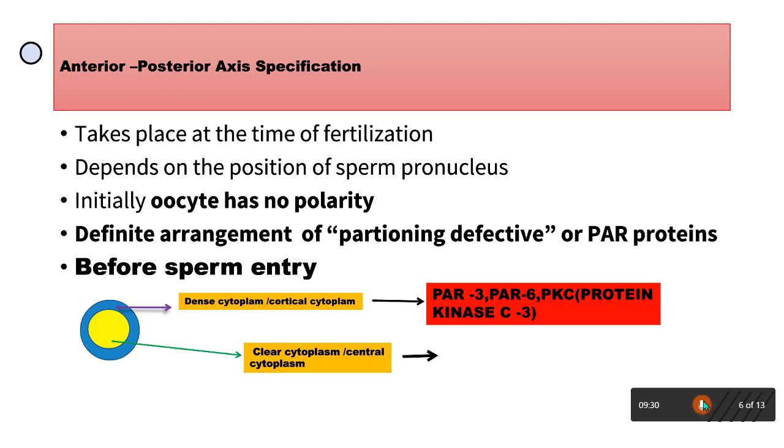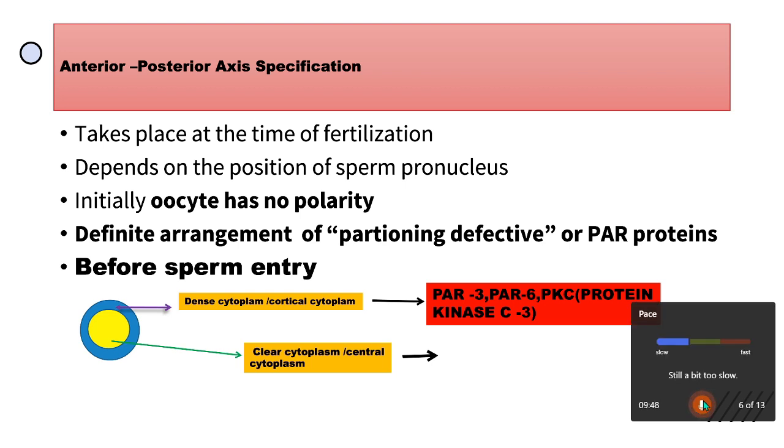We have already said a definite arrangement of partitioning defective proteins is seen in the oocyte cytoplasm. So what are they? PAR3, PAR6 and PKC3 kinase are all in the dense cytoplasm or cortical cytoplasm.